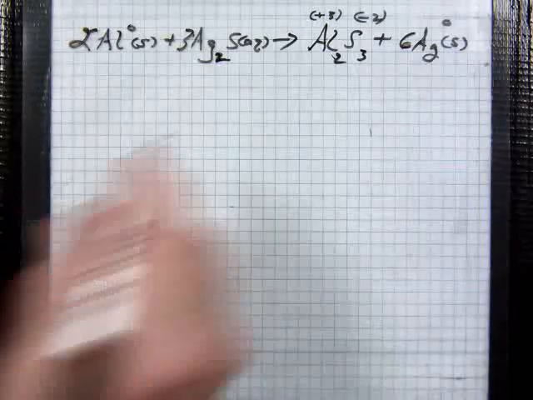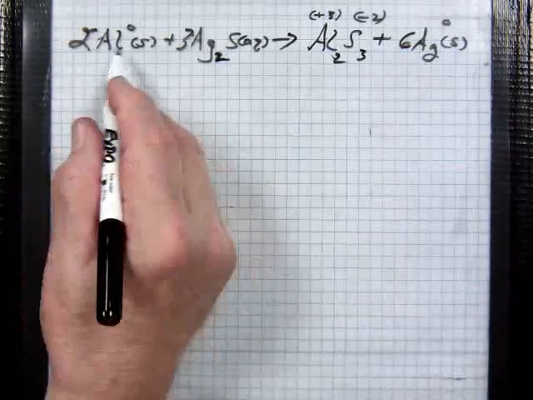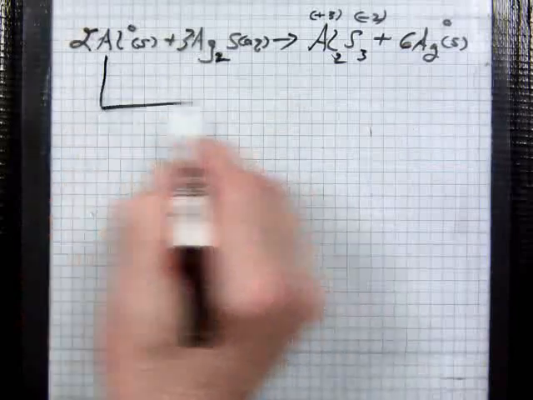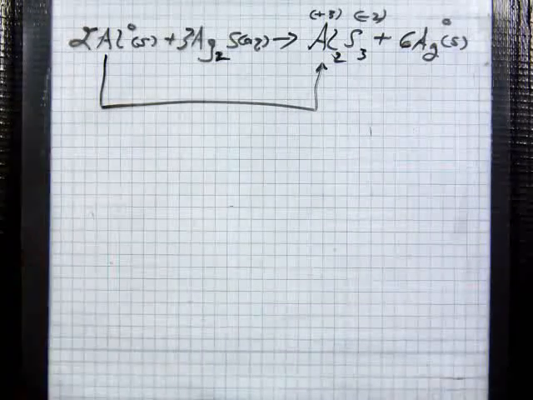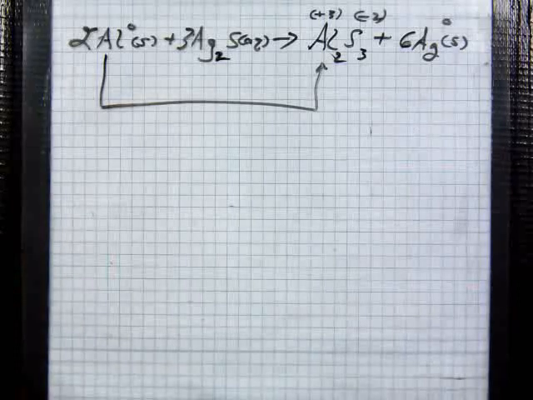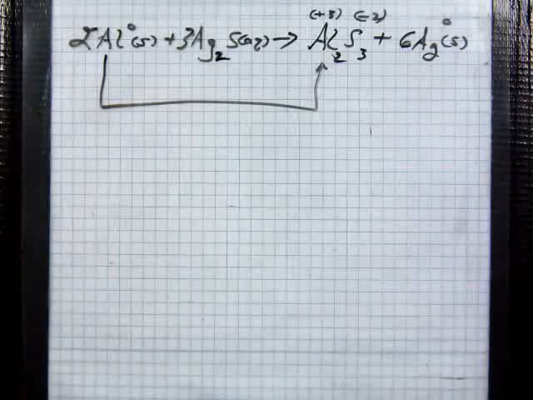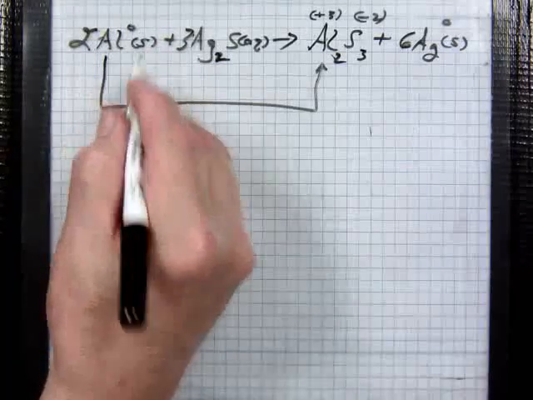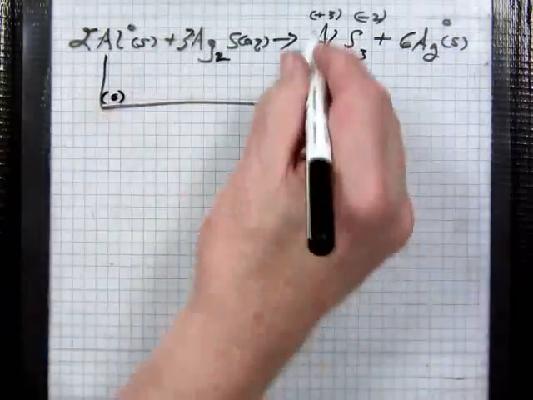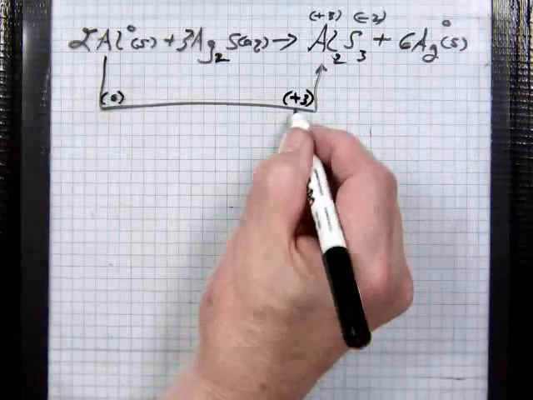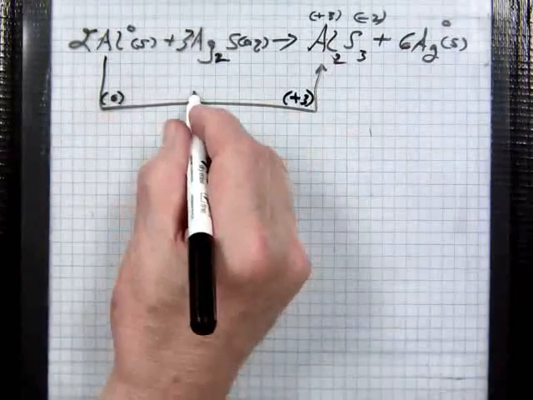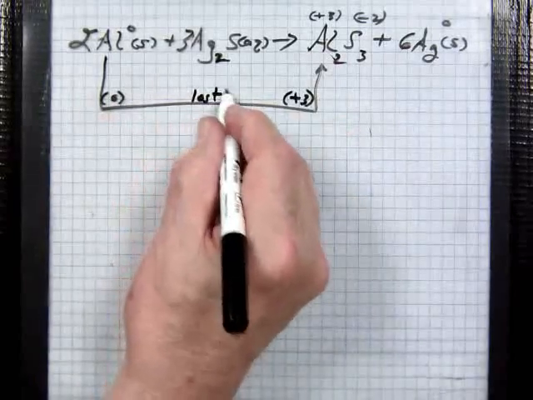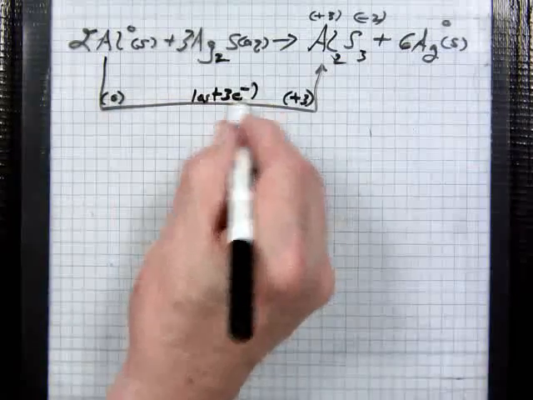Okay, so aluminum is going from here to here. Now, each element is to be taken into account first, and then you take the multiples. You hear what I said? Each element first, and then multiples. This one's going 0 to +3, so each aluminum is losing 3 electrons per atom.